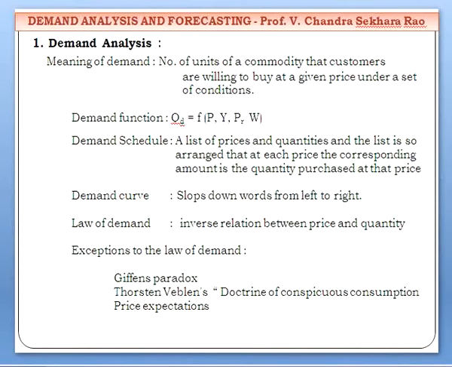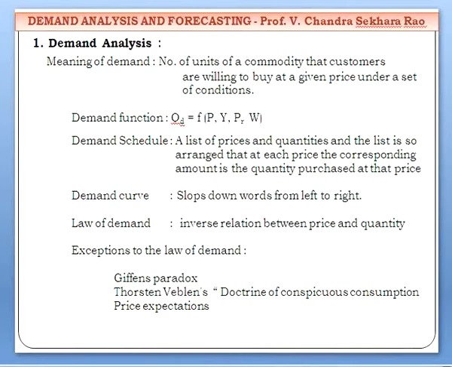Let us start with the meaning of demand. We have seen that demand means number of units of a commodity that customers are going to buy under a given price and under a given set of conditions. Another aspect is, in order to say that there is a demand for a commodity, three important conditions have to be satisfied.